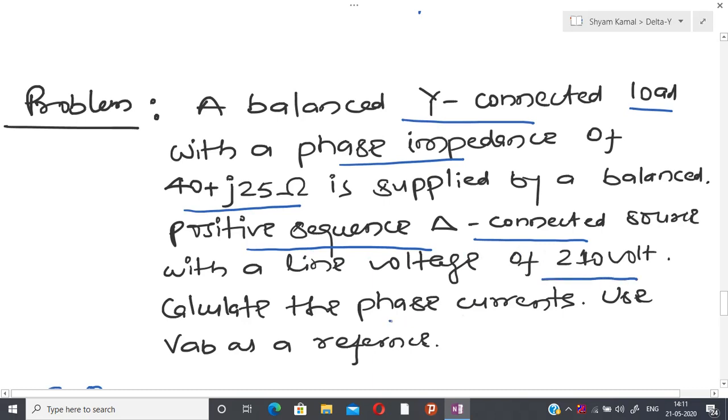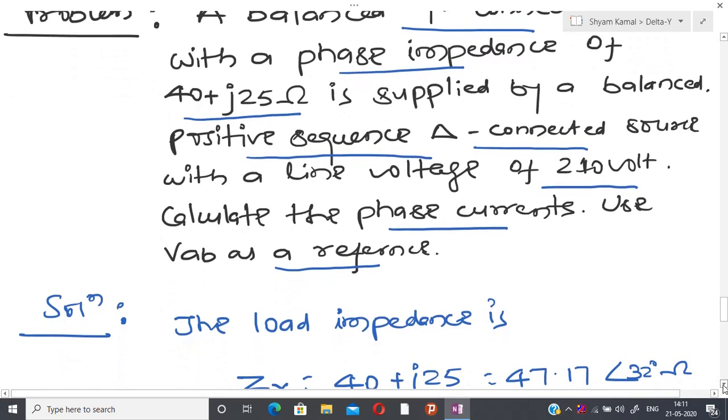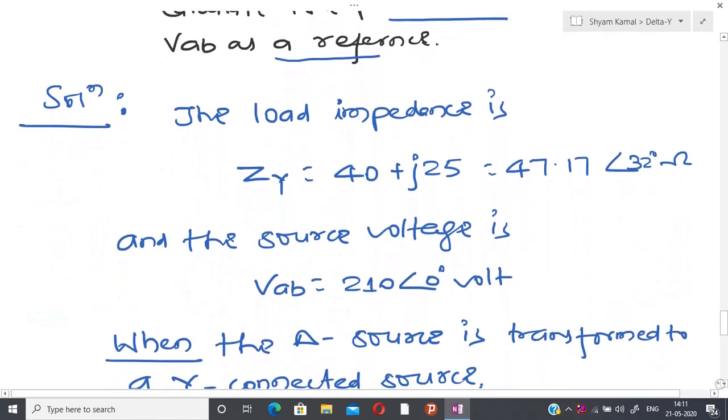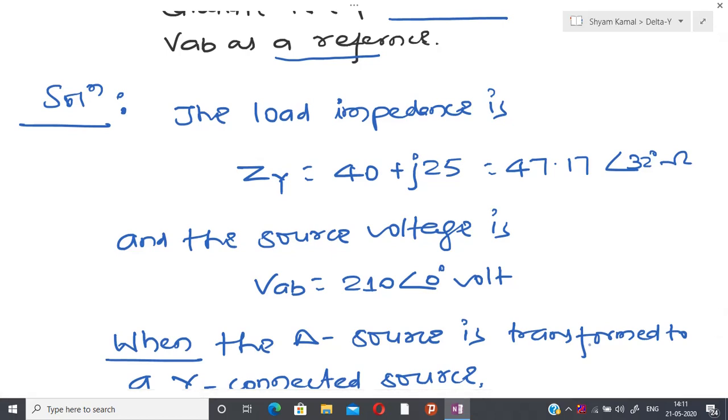Now I have to calculate the phase current, and I am assuming that VAB is the reference. If VAB is the reference, then I can calculate VCA with respect to VAB by considering the positive sequence. So let us see the solution.